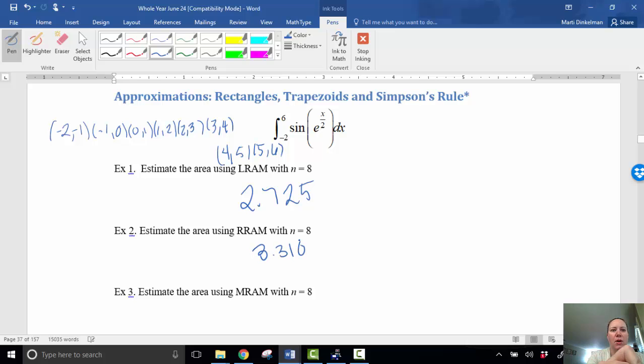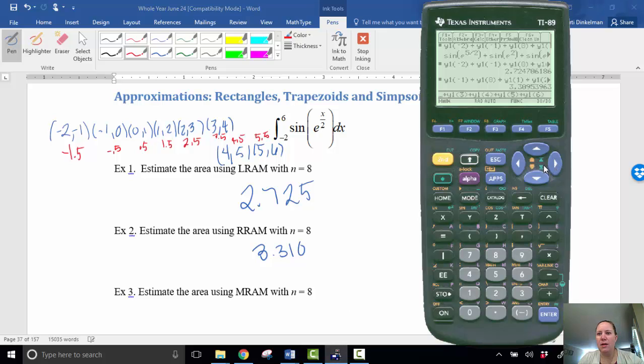Okay, so now the midpoint, this is really helpful for me because I can write down what all the midpoints are. So -1.5, -0.5, 0.5, 1.5, 2.5, 3.5, 4.5, and 5.5. So those are all the midpoints. So let's see if I can go in here and just use what I have here.